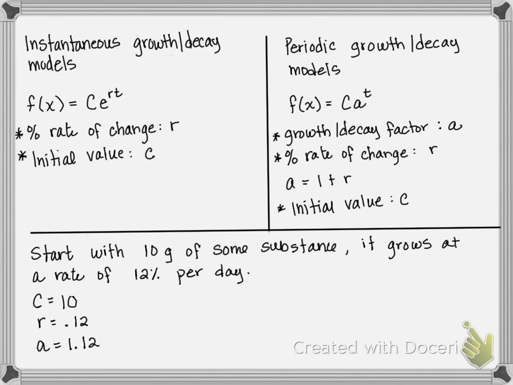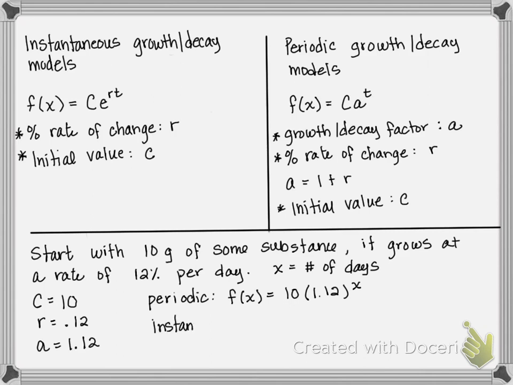And so what the two models would look like are, if X is the number of days, I would have f of X equals 10 times 1.12 to the X. And then the instantaneous model would be f of X equals 10 times e to the 0.12x.